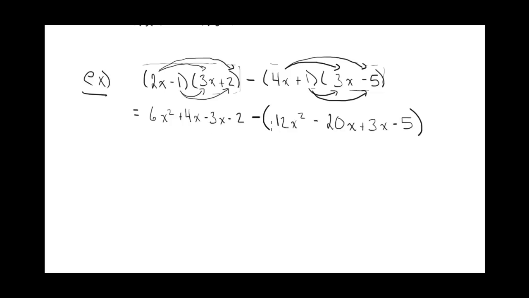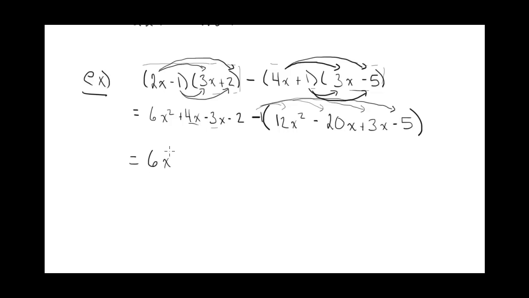Now the reason that I kept this bracket is because we need to subtract all these terms. If you remember, you could think of this as a minus 1 in front of this bracket. So I need to multiply this minus sign, or minus 1, by each term in this bracket. If you didn't have the bracket, you might just have put the minus in front of this term, but actually you're going to have to do it for each term here. And another comment is, you could simplify the 4x and the 3x now, but I'm just going to do that all at the end.